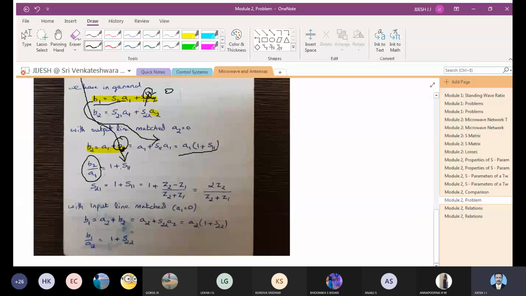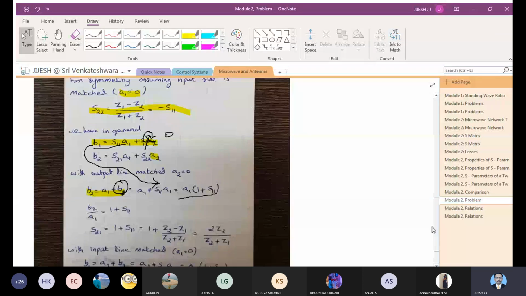I have substituted and simplified this. I got S21 is equal to 2 Z2 divided by Z2 plus Z1.